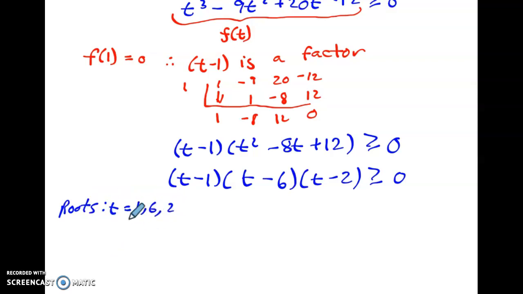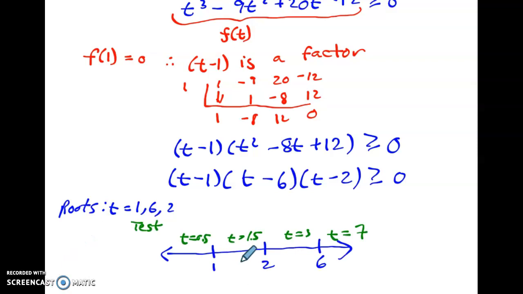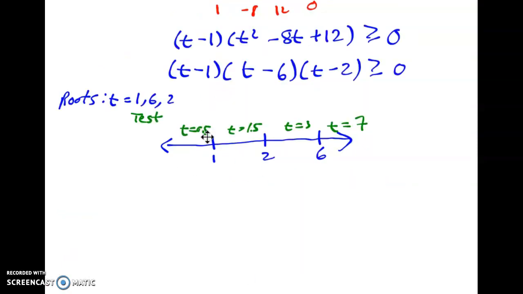So those are going to be our boundaries for either our sign line or our chart, whichever method you like using. So here I've drawn out a sign line, and we are going to check each of these test values in our function there. So plugging in a 0.5, I would get negative, negative, negative, which means my overall answer would be negative. Plugging in a 1.5 to each of these brackets, I would get positive, negative, negative.